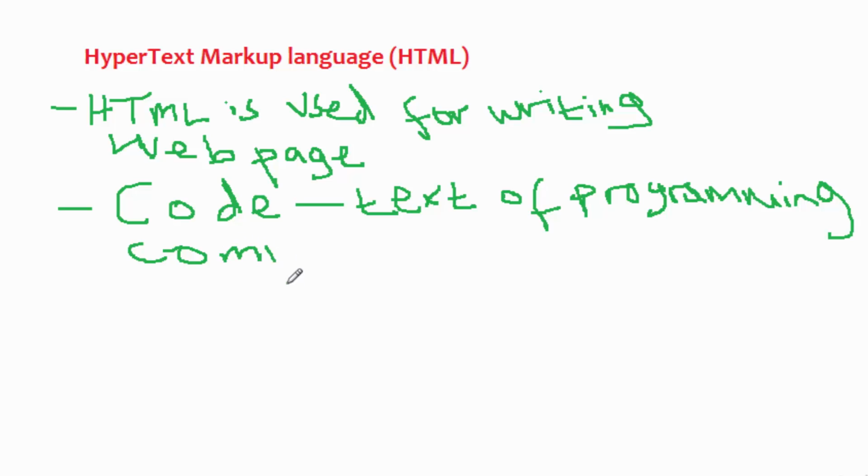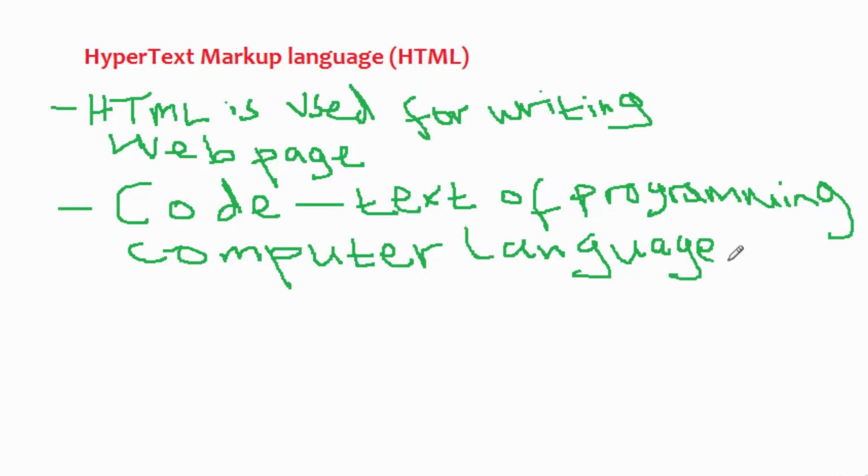So in other words, I'm saying the text used to give instructions to computer is known as code. Therefore, code is simply text of programming computer language.